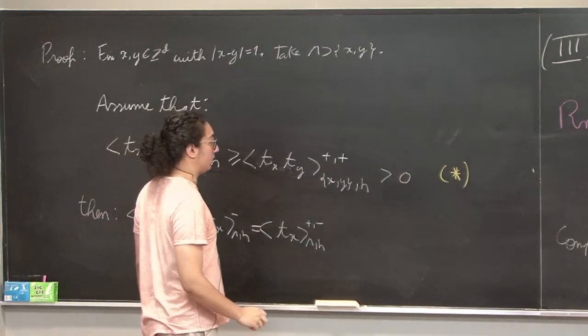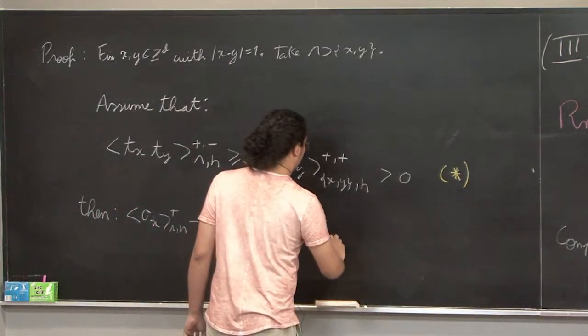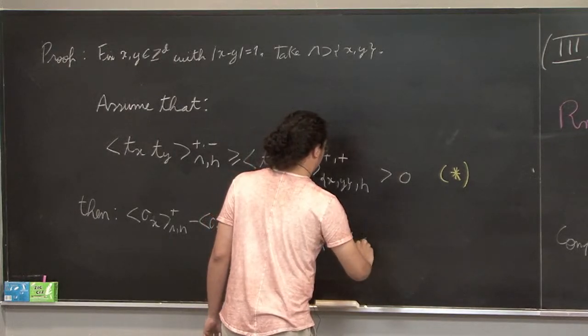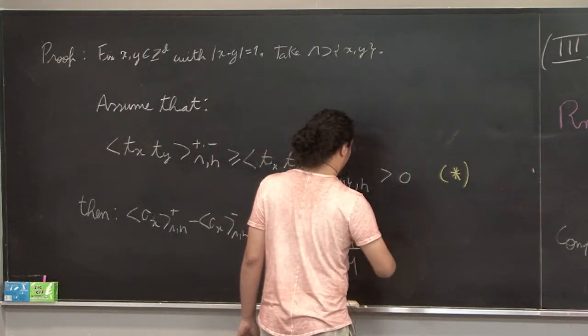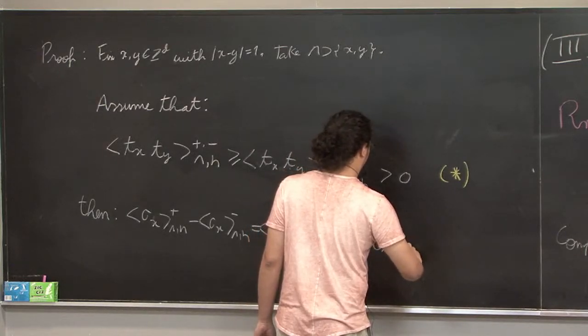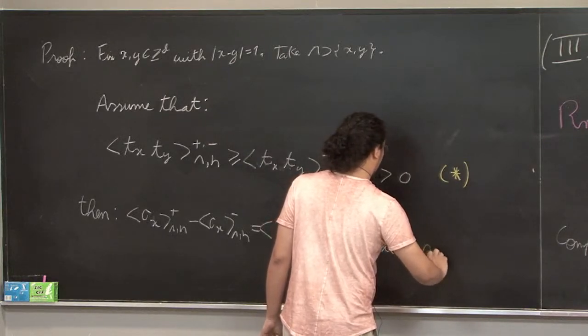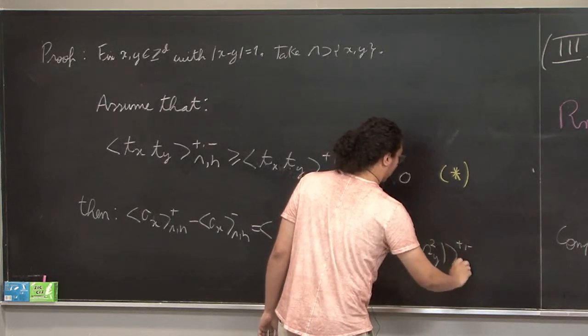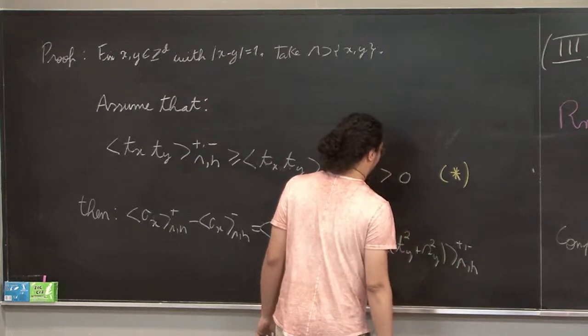And this thing here is equal to 1 over 4, and this is a very dirty trick, T X, and here you put T Y squared plus S Y squared plus and minus, again lambda and h.